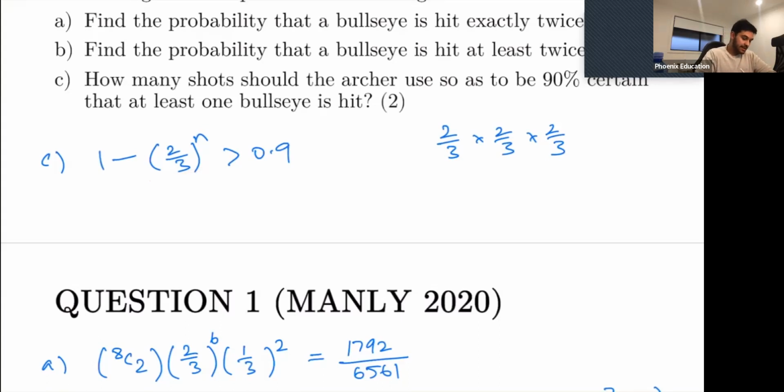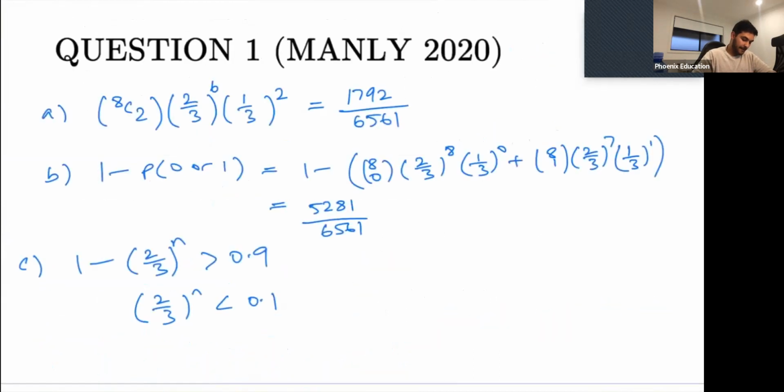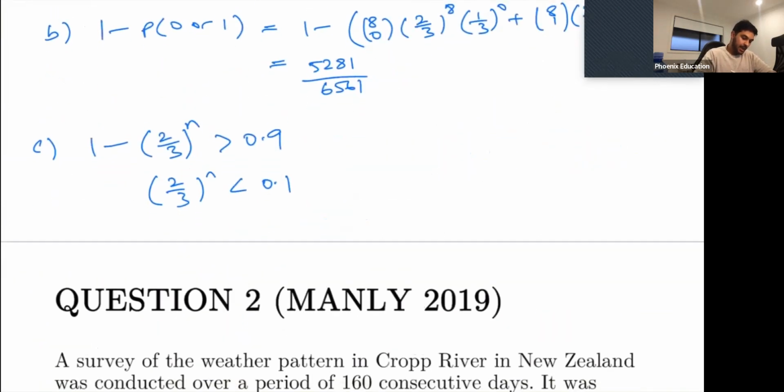If I rearrange this, I'll take 1 to the other side, and then I'll divide both sides by -1. This will give me (2/3) to the power of n is less than 0.1. So I've flipped the sign because I've divided by something negative. And what I'll do here is take the log of both sides. This would be just that.